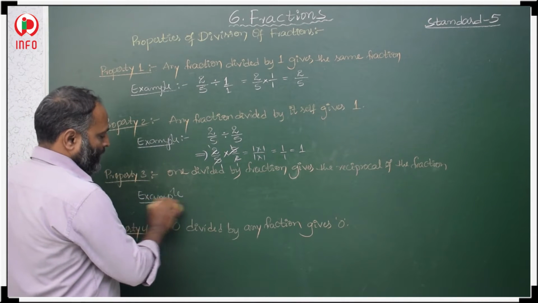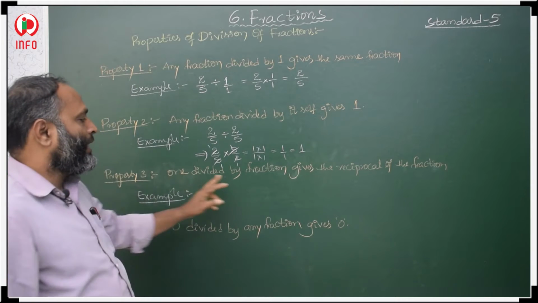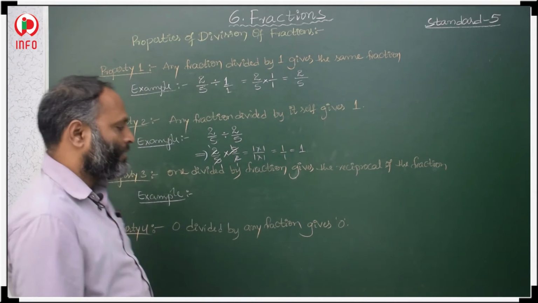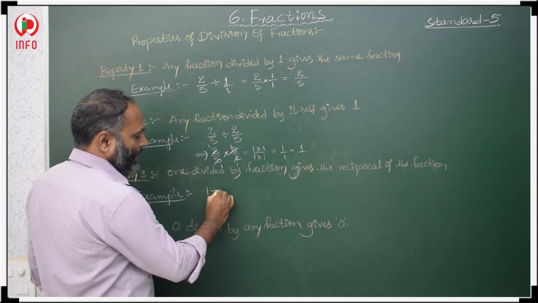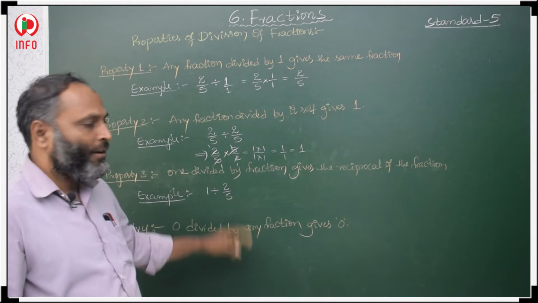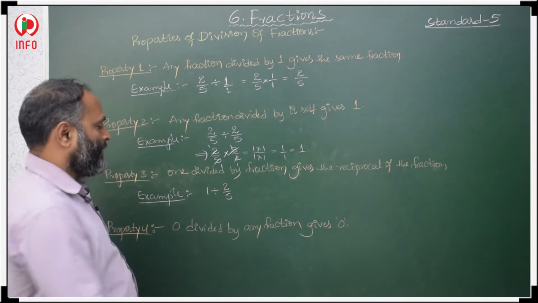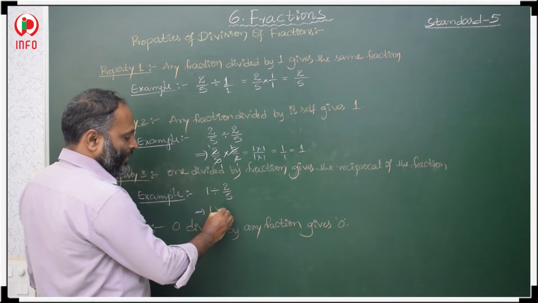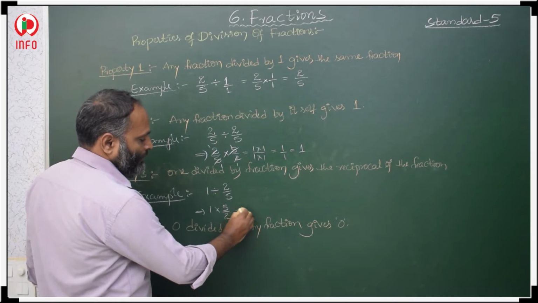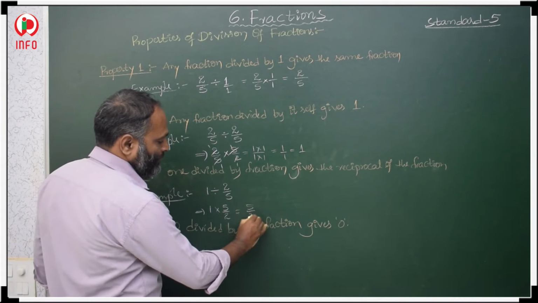In the third property, 1 divided by a fraction gives the reciprocal of the fraction. 1 divided by any fraction, say 2 by 5. What does it give? 1 as it is, into 5 by 2. 1 into 5 by 2 is 5 by 2.